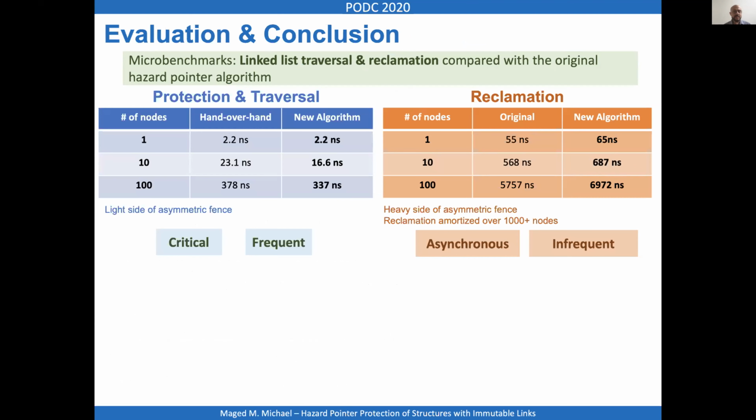But then we pay some price for determination of reclamation because we're doing this extra atomic operation to manage the counts. But the fast part is the frequent and critical part, whereas the reclamation part is asynchronous and infrequent. It could be hundreds, thousands, millions of times of protection compared to reclamation.